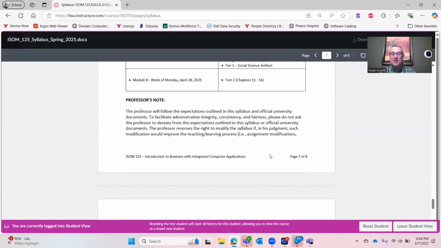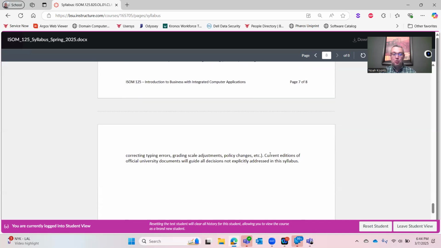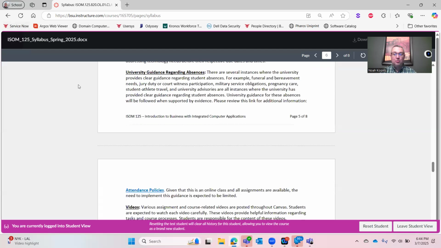In other words, assignment modifications, correcting typing errors, grading scale adjustments, policy changes, etc. These will be communicated to you if that happens. Current editions of university documents will guide all decisions not explicitly addressed in the syllabus. So that's the course syllabus.